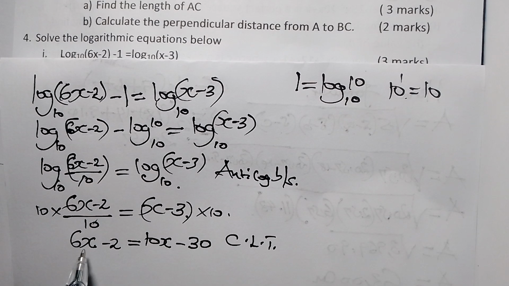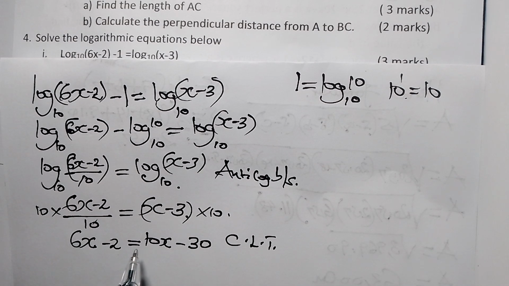You can subtract 10x from both sides, or subtract 6x from both sides, and add 30 on both sides.